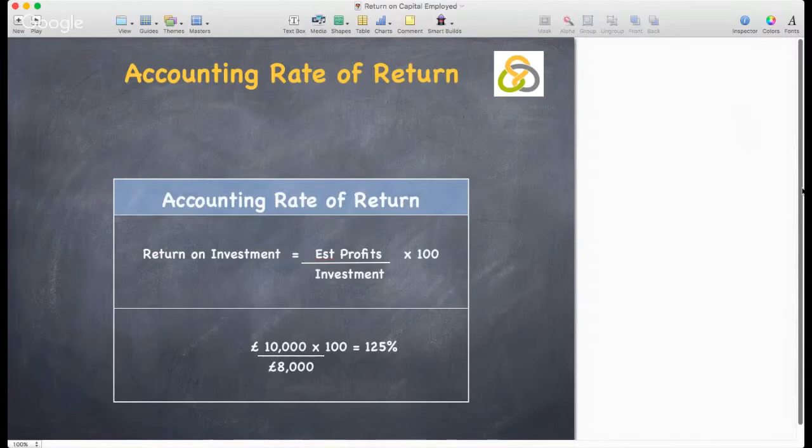So in this example, the estimated profits that we're going to get from the £8,000 investment in the project is going to work out at 125%. So in other words, we'll get 25% more than what we have invested.